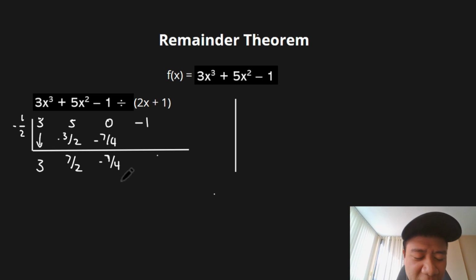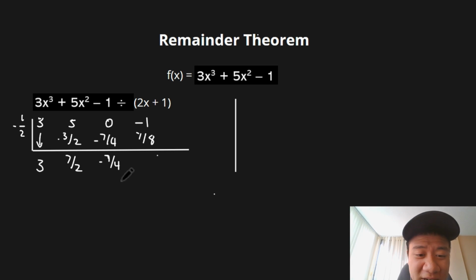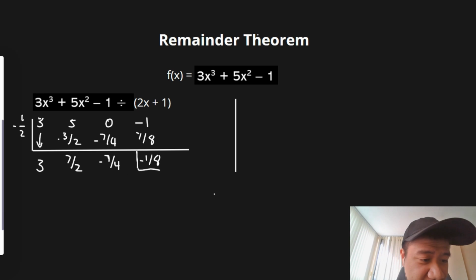And then -7/4 times -1/2 is +7/8. And then -1 plus 7/8 is -1/8. Okay, so here's our remainder.